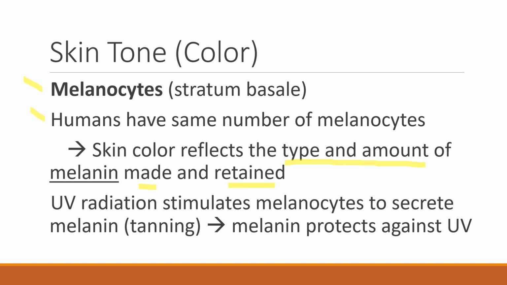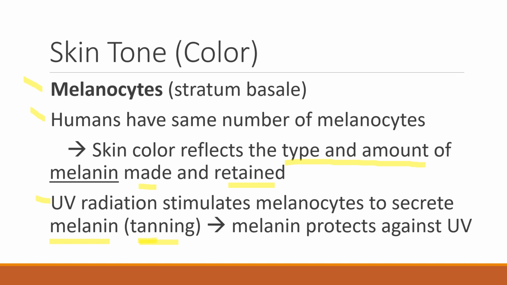So what does that mean? Well, sometimes exposure to ultraviolet radiation will stimulate melanocytes to secrete melanin. Some folks get a nice tan in the process, right? So when you're laying out in the sun, getting a little sunshine, your skin will darken a little bit, depending on your skin tone, of course.